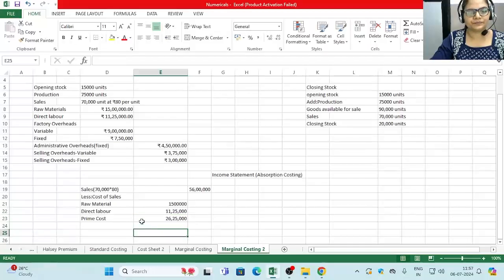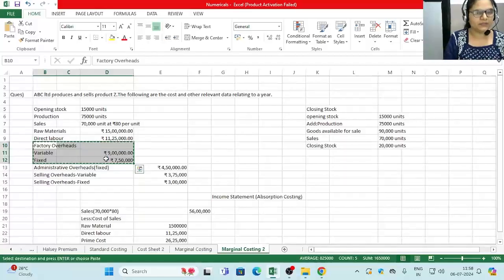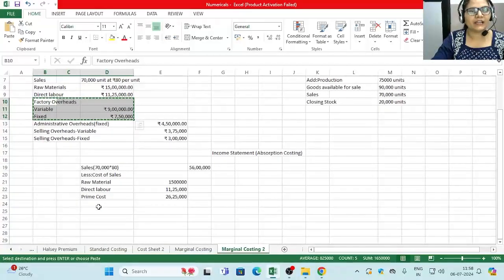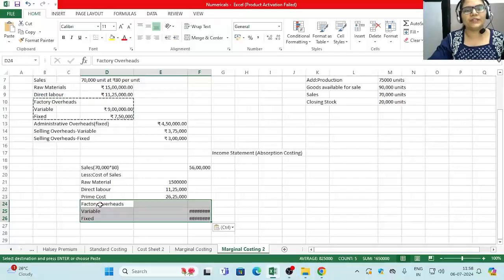Now, after prime cost, we will take out factory overheads. Factory overheads are given in the question as 9 lakh and 7,50,000, and there is no differentiation between fixed and variable.